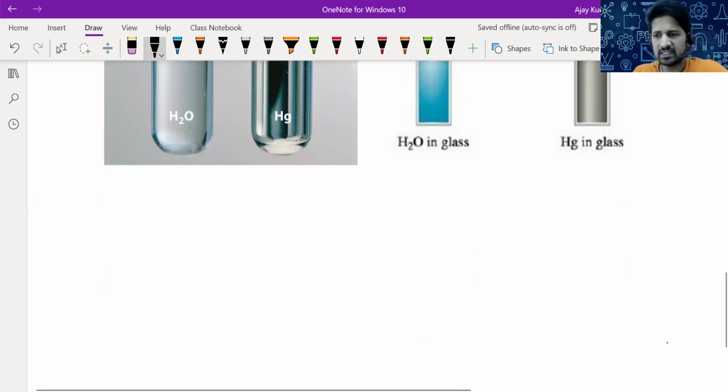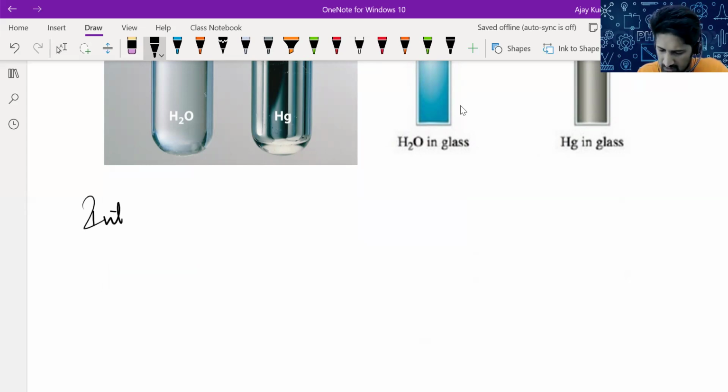Now, we know that there will be intermolecular attraction between liquid molecules. For example, consider water in glass. Water and water molecules will have intermolecular attraction between them. Mercury will also have intermolecular attraction between them.